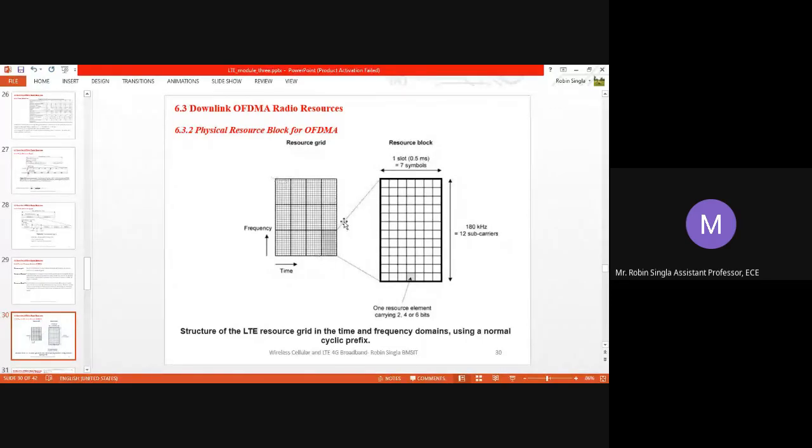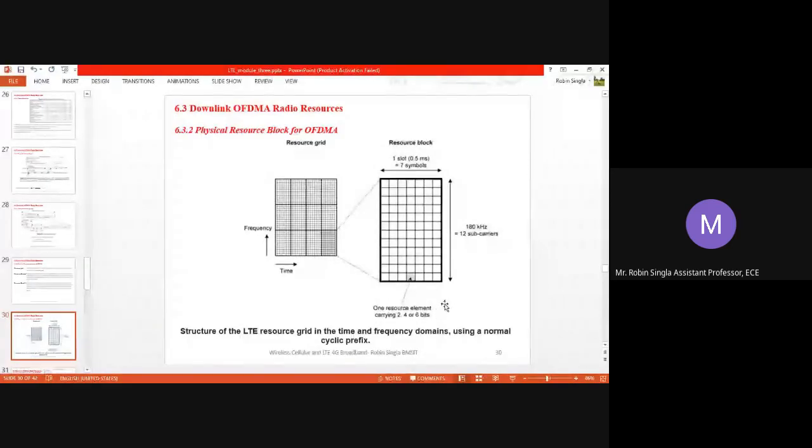In this resource grid, for example, there are 12 resource blocks. These are resource blocks, and one resource block is this one. Okay, and this smallest box in this resource grid is known as a resource element.